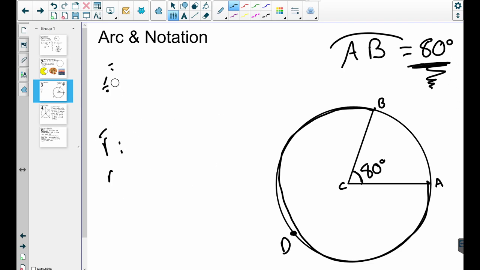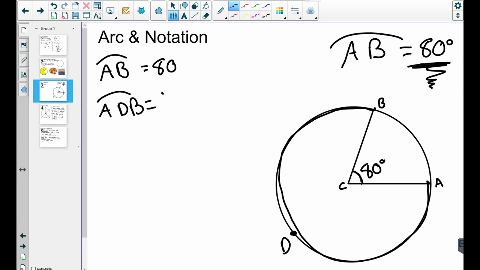Let me get this erased here. So if we know that our minor arc equals 80 degrees, how would we find the measure of ADB? So if this AB arc equals 80, ADB equals what? Let's think about this.